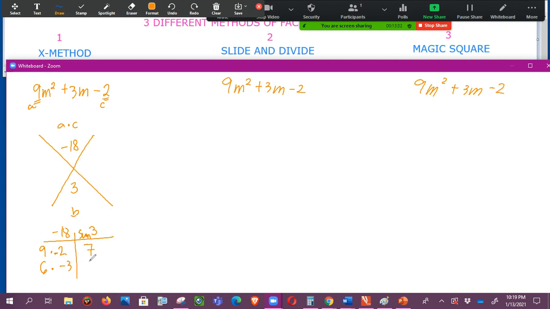Okay, I think we got it. Because 6 plus negative 3 will give you positive 3. So I'll take this as our factors for negative 18. Let me write 6 here and negative 3 on the side.